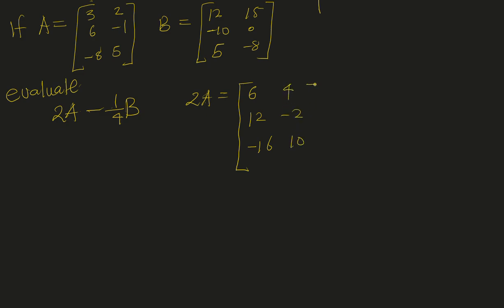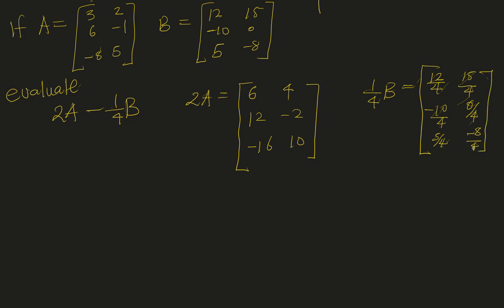So you can see that this is 2A. Let's look at 1 over 4B. What does 1 over 4B mean? I use 1 over 4 to multiply everything in B. That's 12 over 4, 15 over 4, minus 10 over 4, 5 over 4, 0 over 4, and minus 8 over 4.